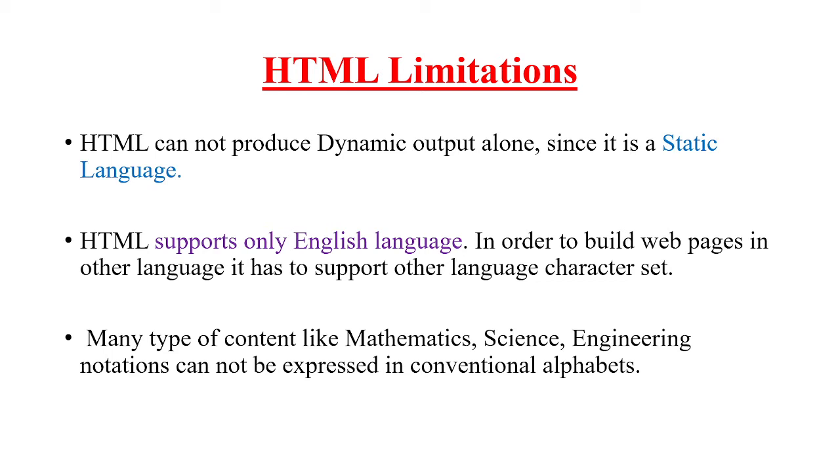So if you want to build web pages in other languages, it has to support other language character sets, but HTML can support only English. This is also one of the limitations of HTML. Many types of content like mathematics, science, and engineering notations cannot be expressed in the conventional alphabets of English.